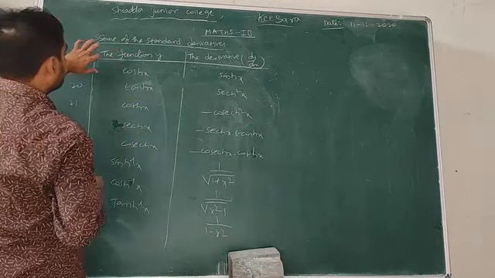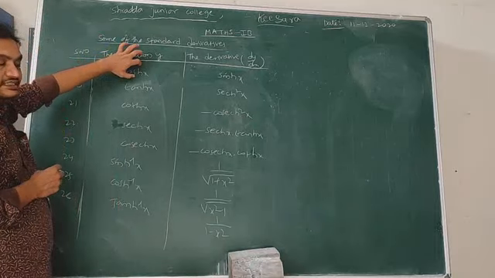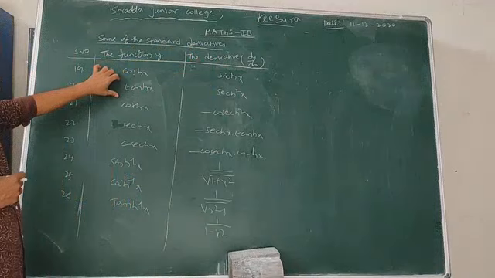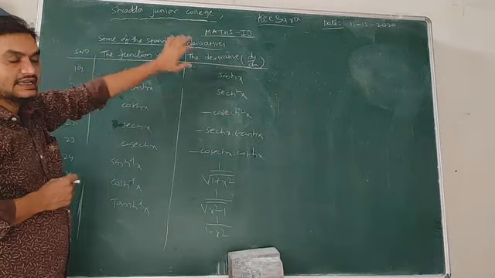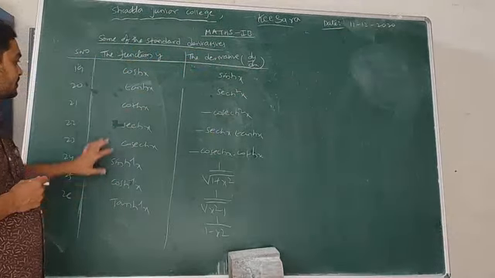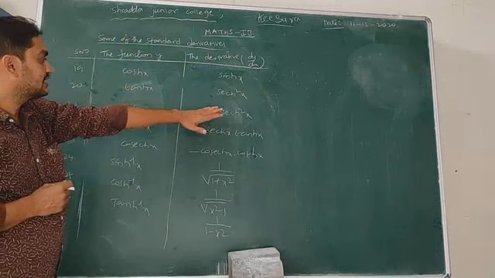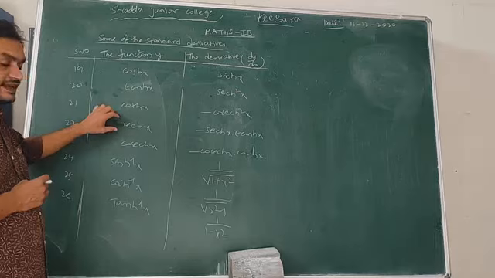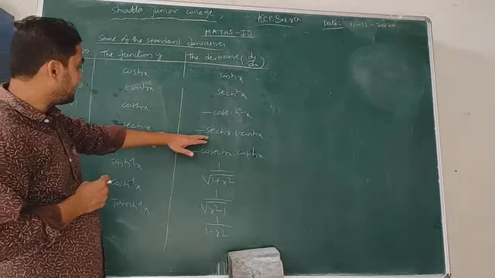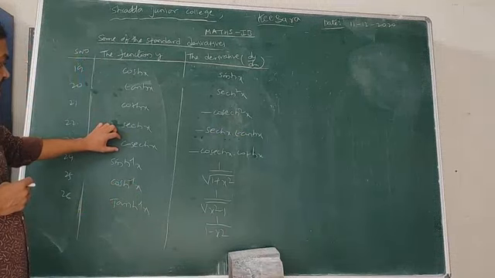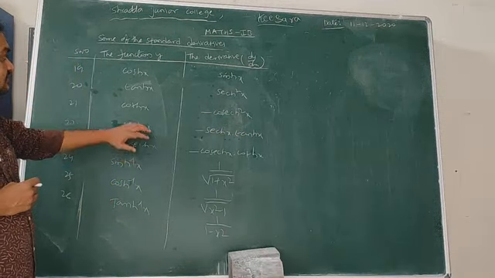See, what is the derivative of cosh x? That is sinh x. The derivative of tanh x is sech square x, d/dx of coth x, minus cosech square x, d/dx of sech x, minus sech x tanh x, d/dx of cosech x, what is the formula?